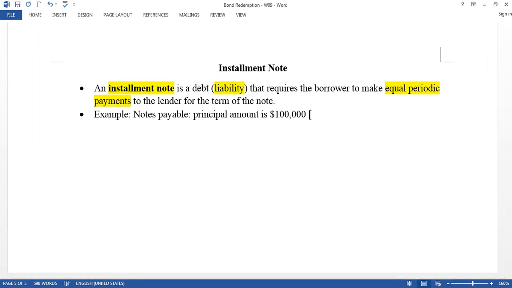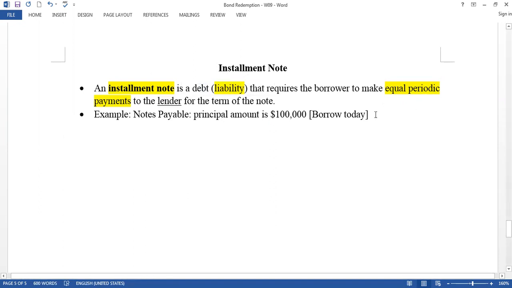So notes payable principal amount is $100,000. You borrow this money today, right? But you have to pay this money to the lender to make equal periodic payments.